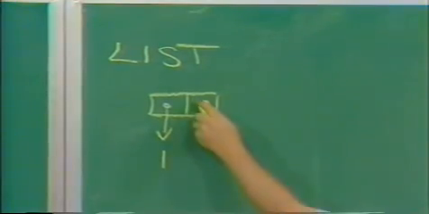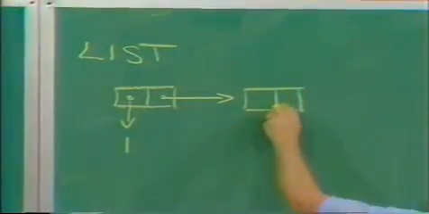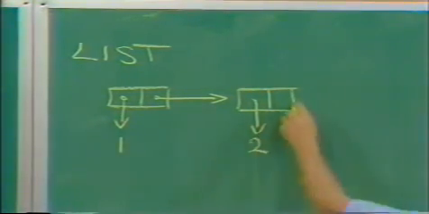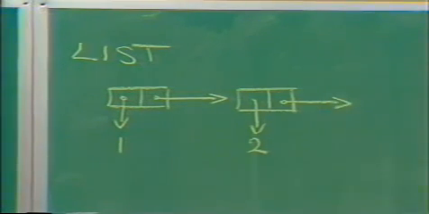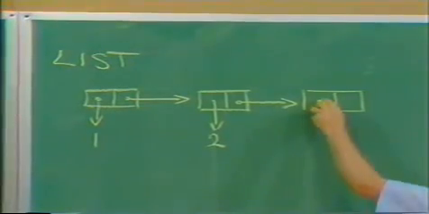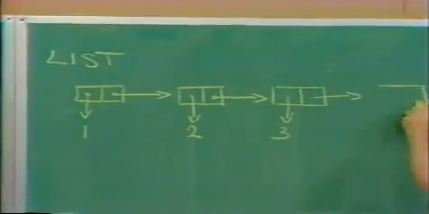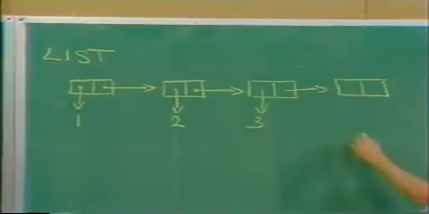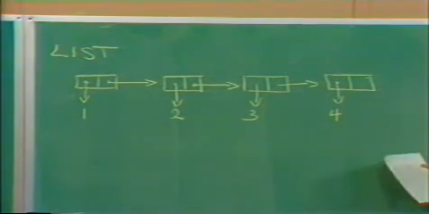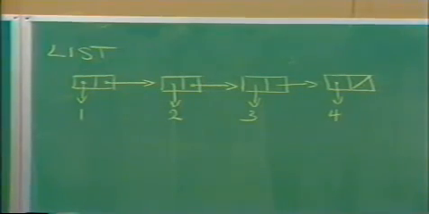I'd put 1 here, and then the cdr of this would point to another pair whose car was the next thing in the sequence, and the cdr would point to another pair whose car was the next thing in the sequence. So there's 3, and then another one. So for each item in this sequence, I'll get a pair. And now there are no more, so I put a special marker that means there's nothing more in the list.